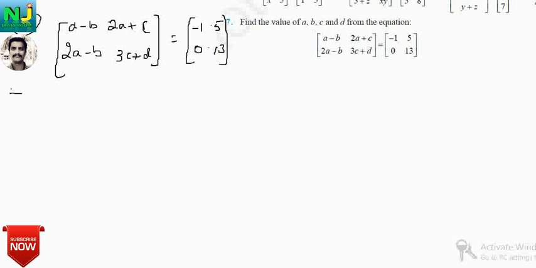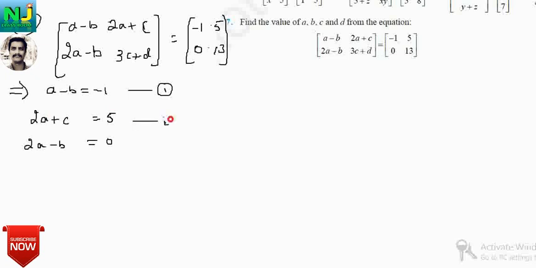Equating the corresponding elements, we know how to do it: a11 is equal to a11 on both sides. What do you get? a minus b is equal to -1, called equation 1. Second element: 2a plus c is equal to 5. 2a minus b, look at here, 2a minus b is equal to 0.